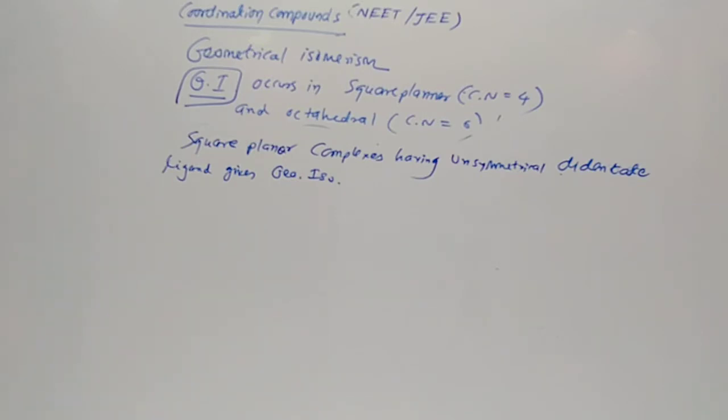Yes, so two geometrical isomers, cis and trans, occur.